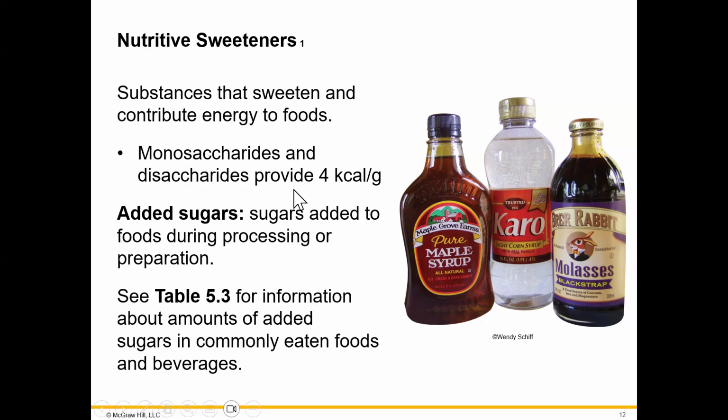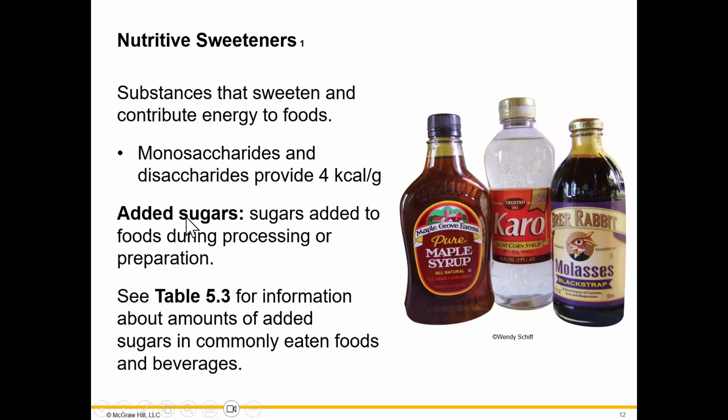There are 4 calories per gram of carbohydrate. Okay, 4 calories per gram. That's going to come up later on in some of your case studies, and when we start looking at food labels.